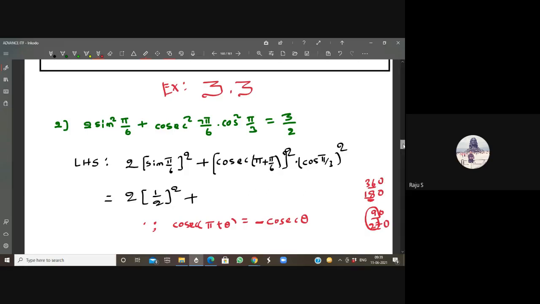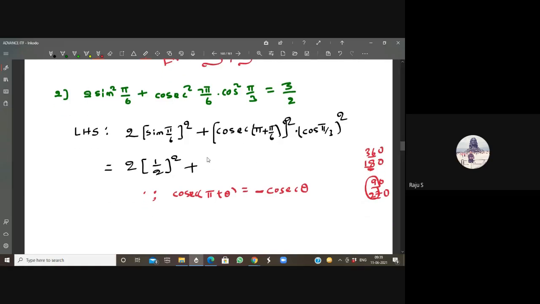With the help of this formula, cosecant 180 plus theta becomes minus cosecant theta, that is pi by 6, the whole square, into, since cos pi by 3 means cos 60, what is cos 60? 1 by 2, whole square.